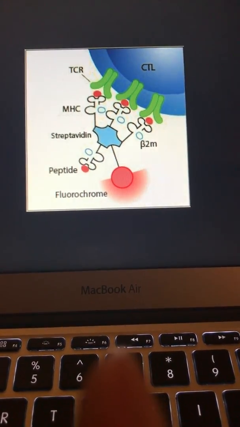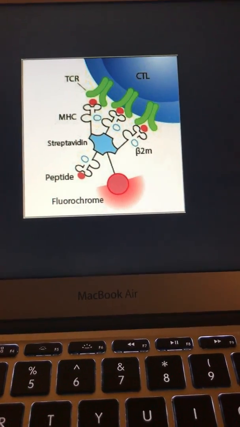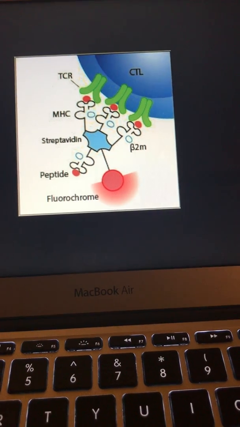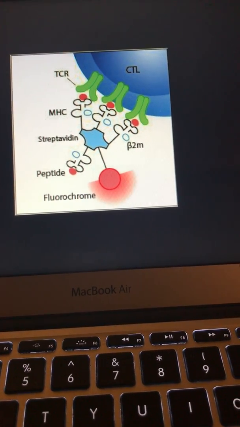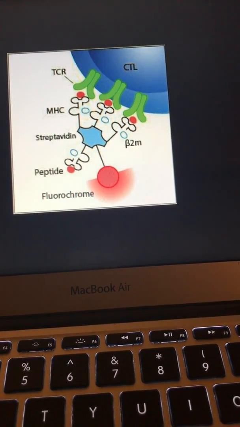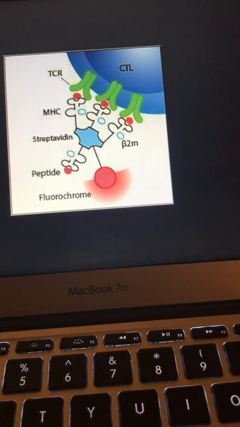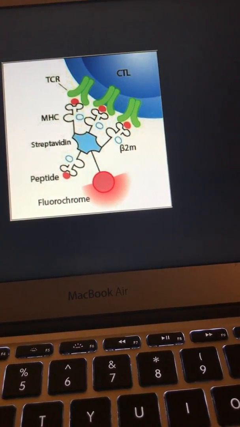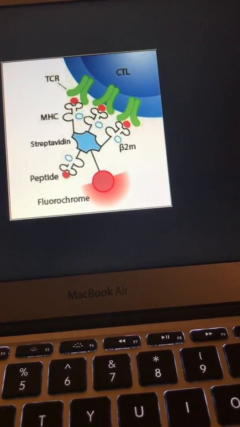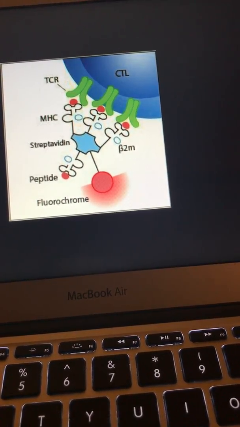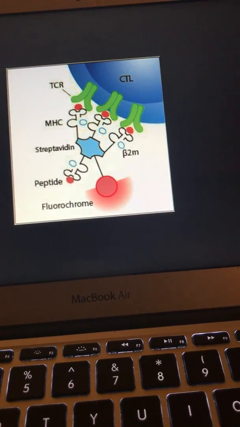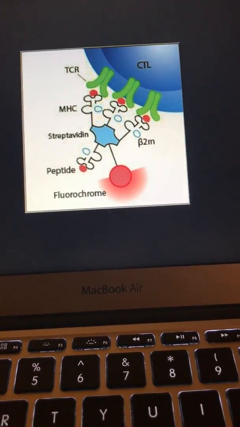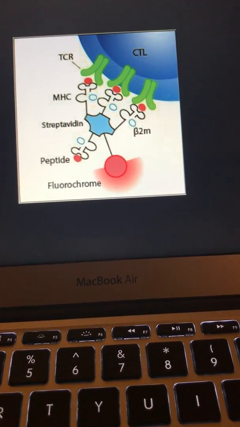Going back to the MHC peptide monomers that were biotinylated and tetramerized with that molecule streptavidin, I'm going to talk a little bit about that.